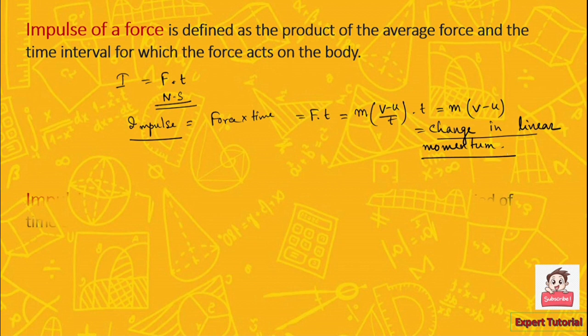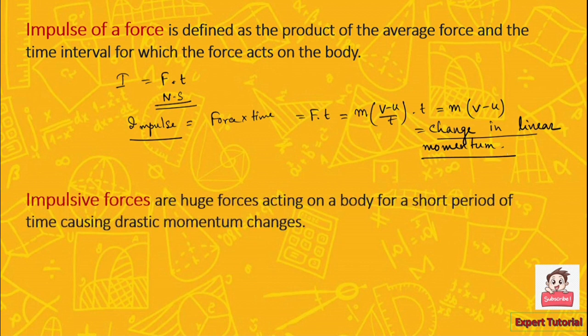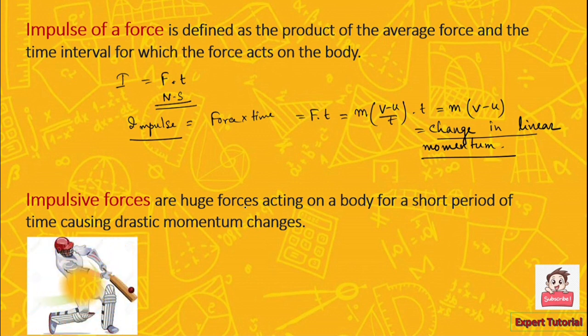Now coming to the impulsive force. Impulsive force is basically a large amount of force acting on a body for a very small interval of time. Example: the striking of a cricket ball by a bat.